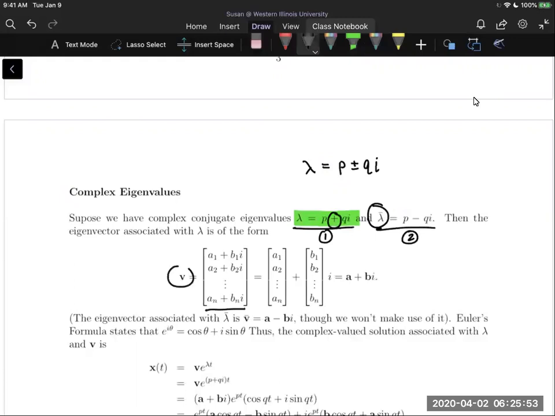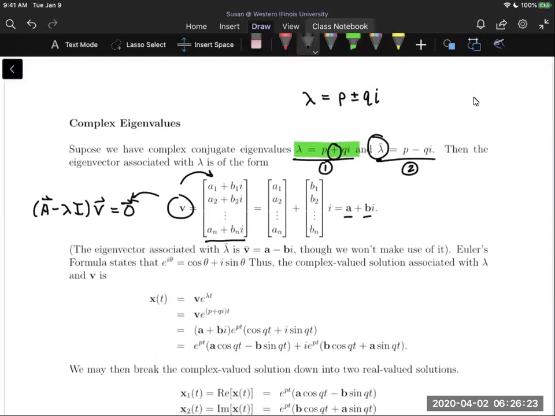To find it, you're still going to use A minus lambda I times v equals 0, where all of these are matrices or vectors. Your vector itself is going to be complex, so we're going to separate it into the real portion and the imaginary column vector. We're going to call those a and b.